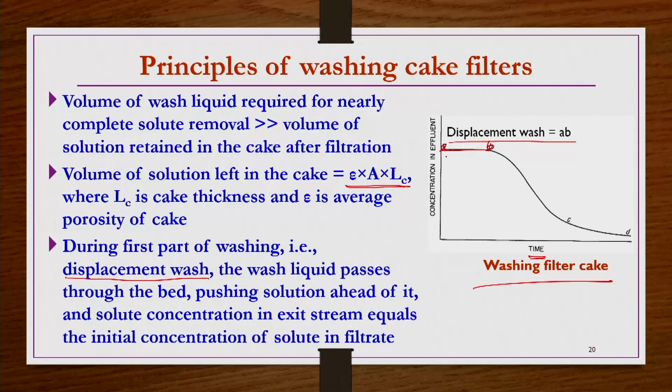Displacement wash, in this region what happens is the wash liquid that you use will simply push the solution that is retained in the porous structure of the cake, and then that solution moves out. So, in the effluent the concentration of solute is almost the initial concentration of solute in the filtrate. Once it crosses here, the concentration in the effluent abruptly drops almost to 0, like this.